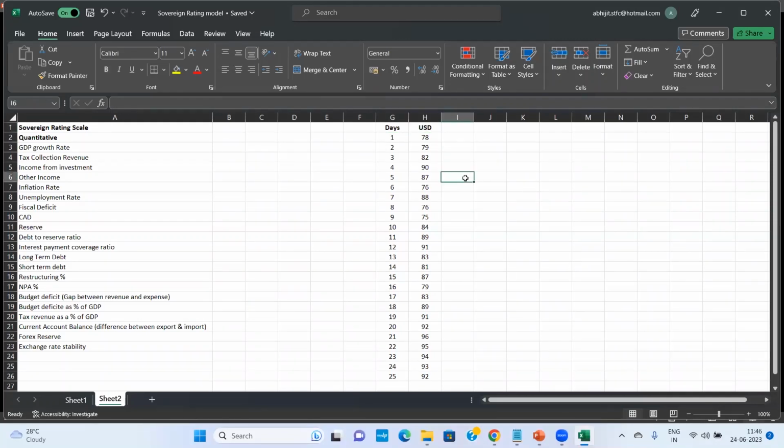How do I calculate variance? The variance is the volatility, right?